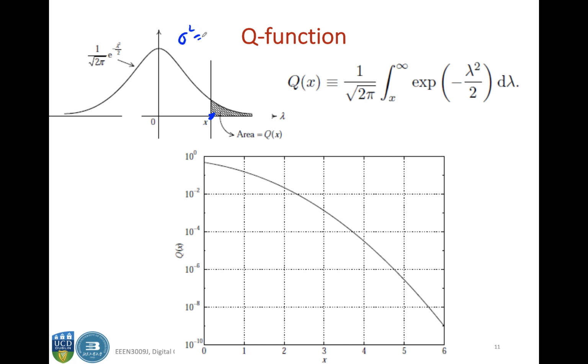So sigma square is 1 and mu is 0. If you calculate this area, it is termed a Q function, and if you plot Q(x) with x, you have a graph like this, which is sharply decreasing with x.